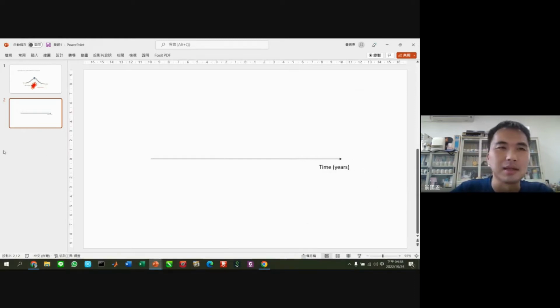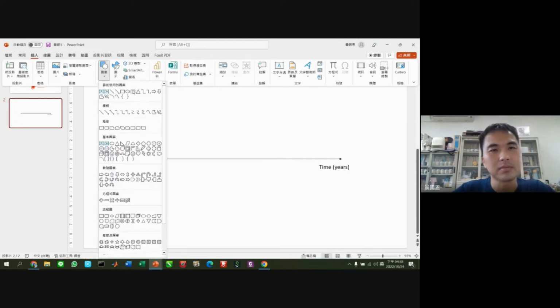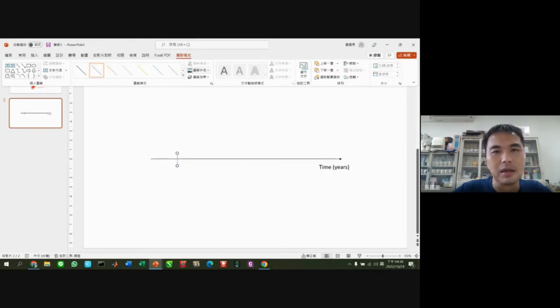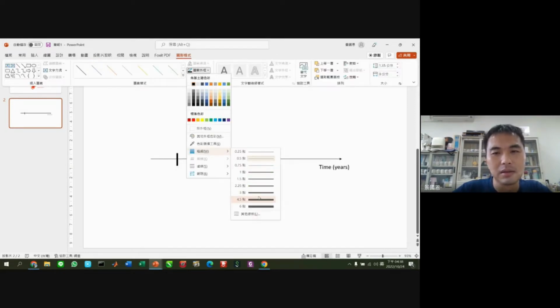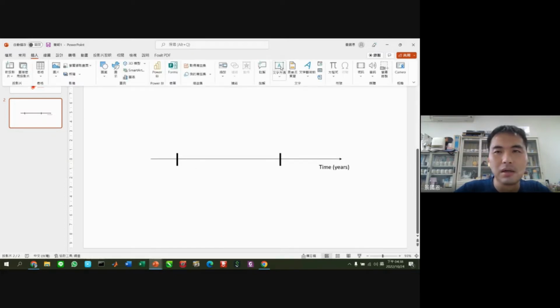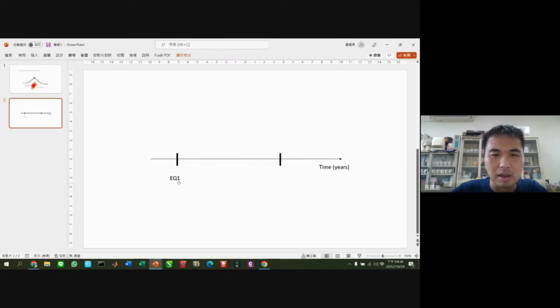If we know once the earthquake occurred over here, and here, so they are the first earthquake and the second earthquake.